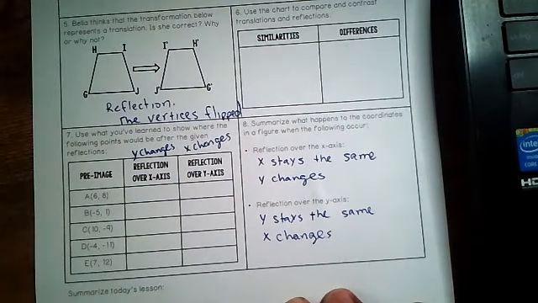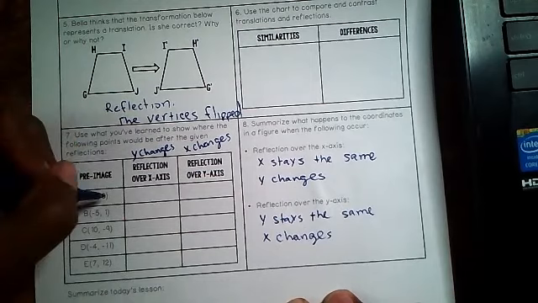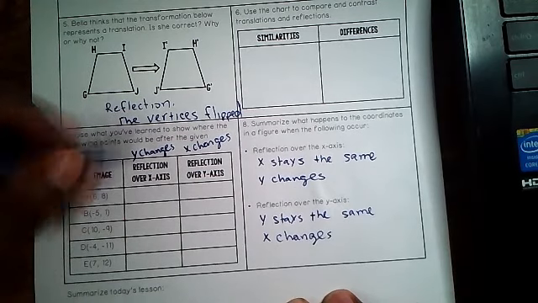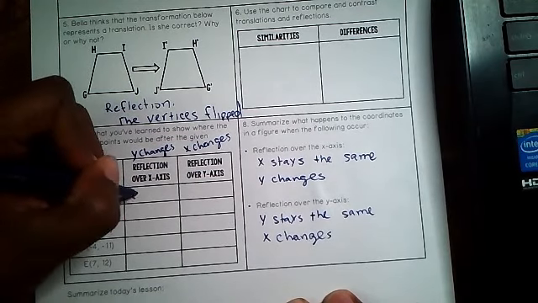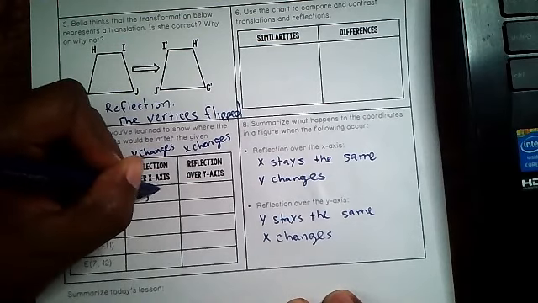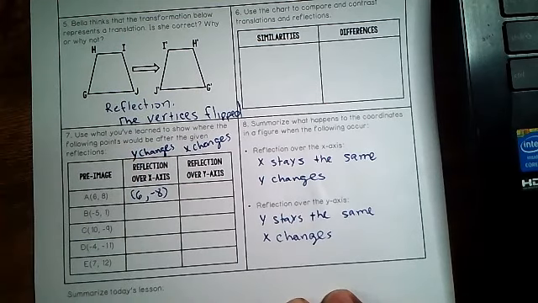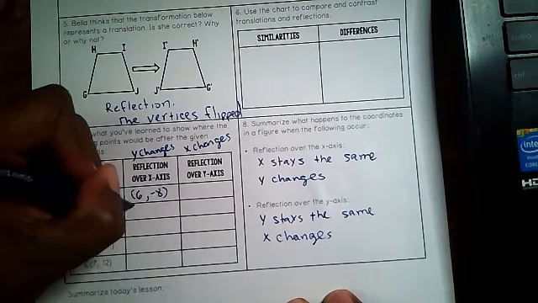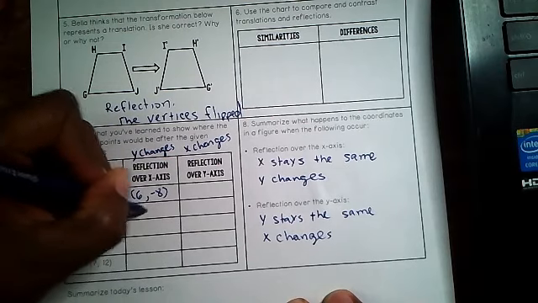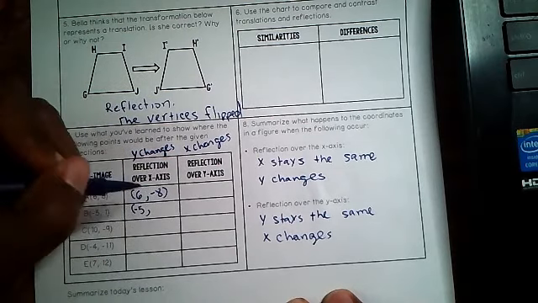Okay, so what we're going to do now is look at our x values here. So y changes. This tells me this should be 6 comma negative 8. For the next one, this should be negative 5 comma negative 1.